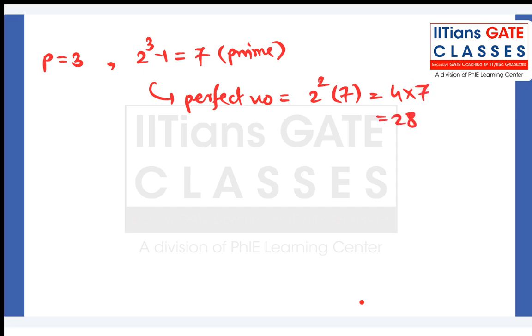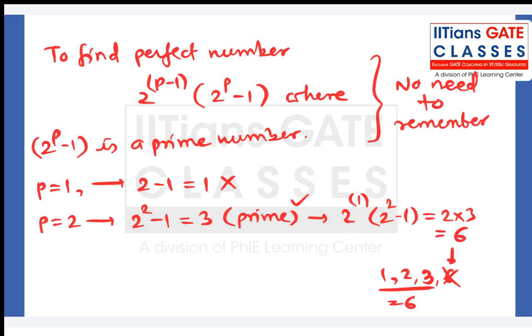And you can verify 28 is also a perfect number. If you take p equal to 4, that will be 16 minus 1, 15, which is not prime, so that won't give you a perfect number. Those are higher numbers also. So there are only two perfect numbers within your range. One is 6 and one is 28.